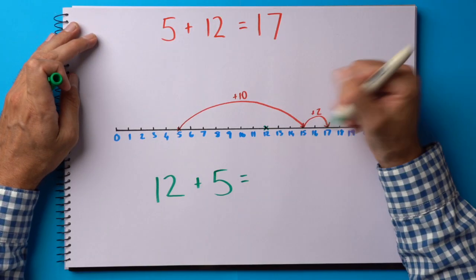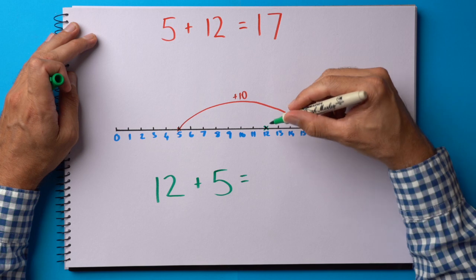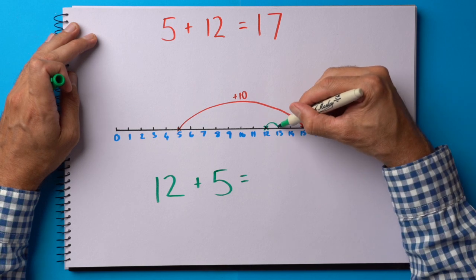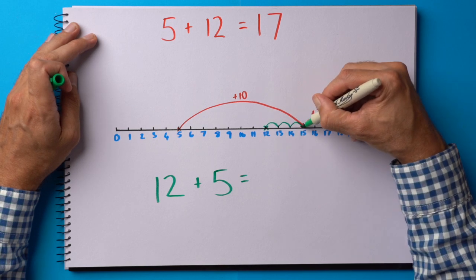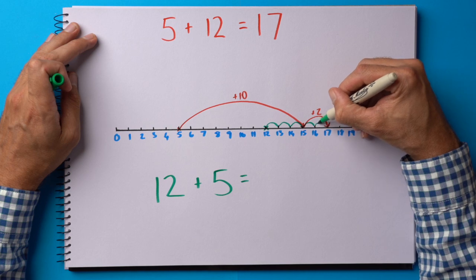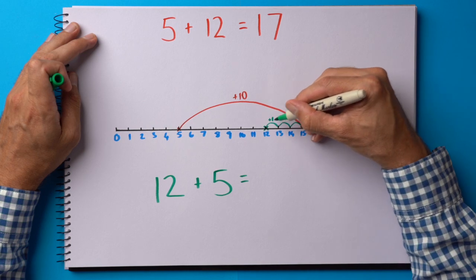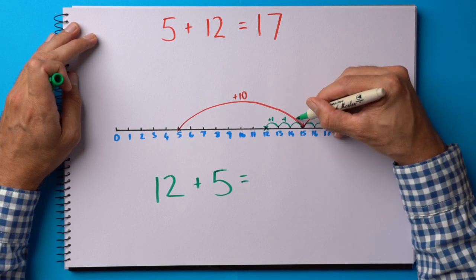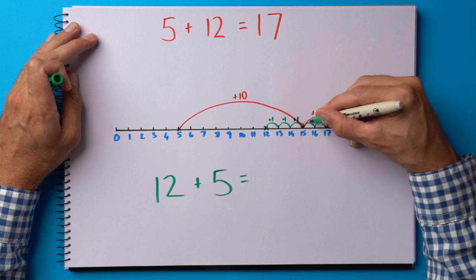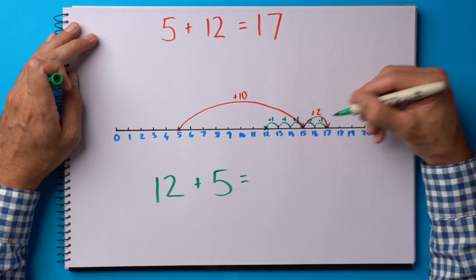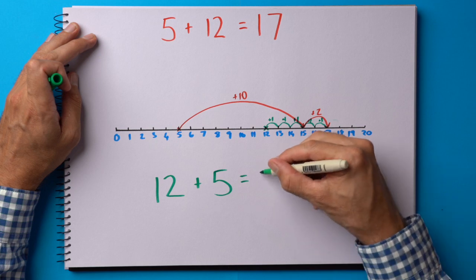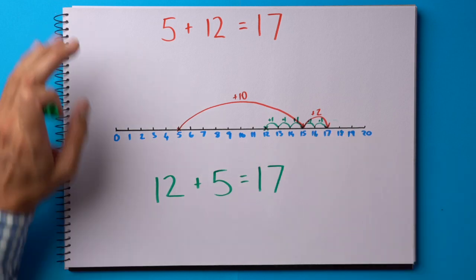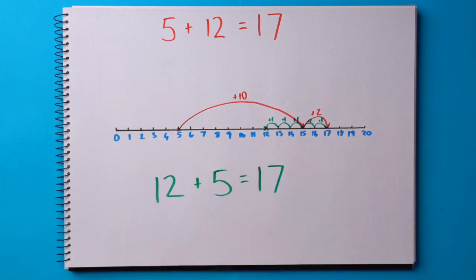We're going to start with 12, find our number 12, and then we're going to add 5. 1, 2, 3, 4, 5. And this time we did jumps of just plus 1 each time. And we get a final answer again, of course the same answer, 17.